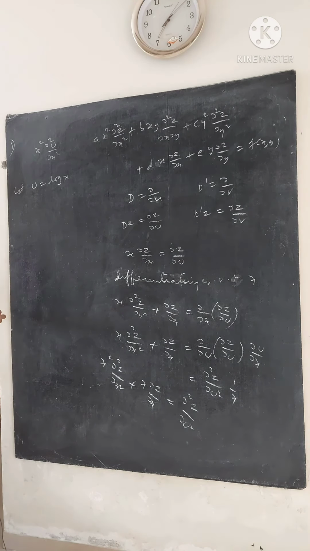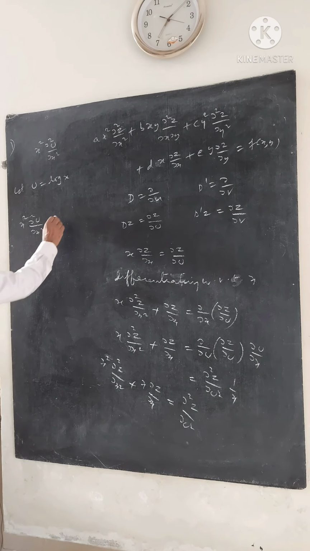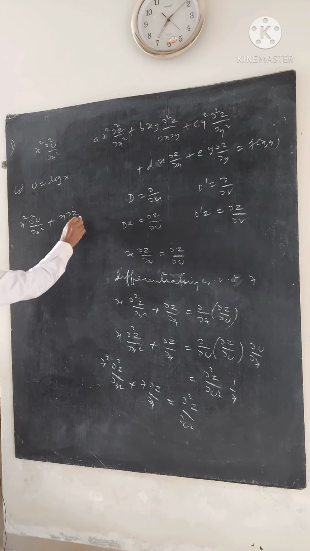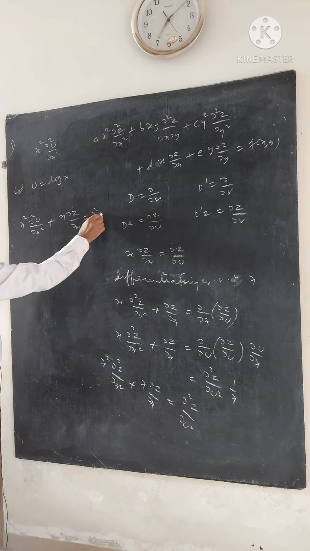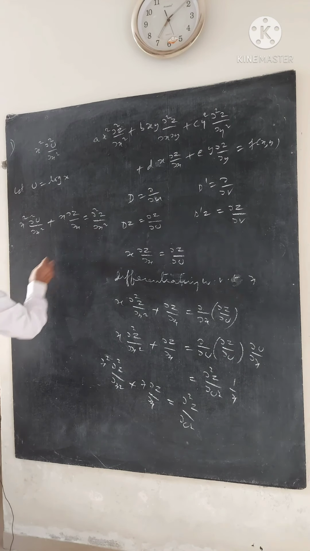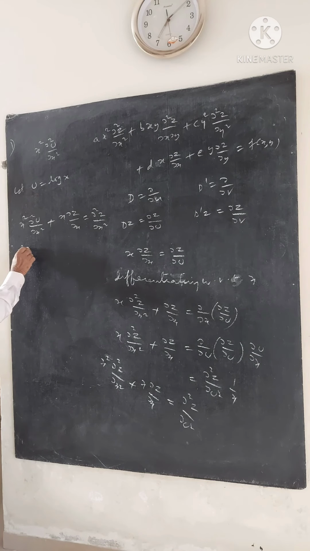Again, x² ∂²z/∂x² plus x ∂/∂x is x ∂z/∂x equals ∂²z/∂x².